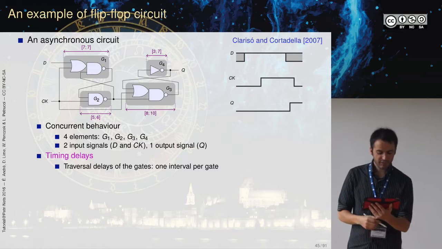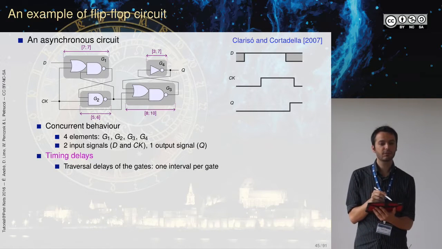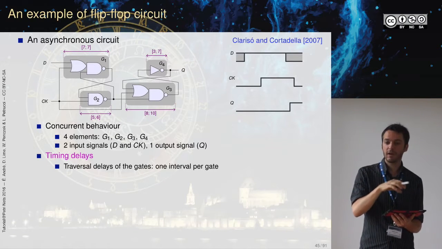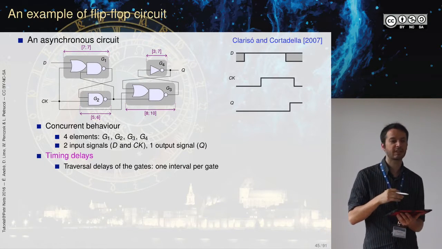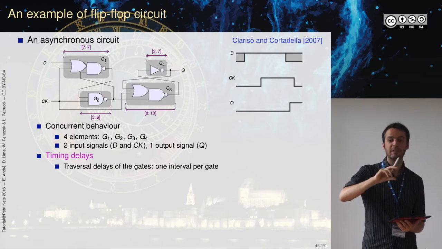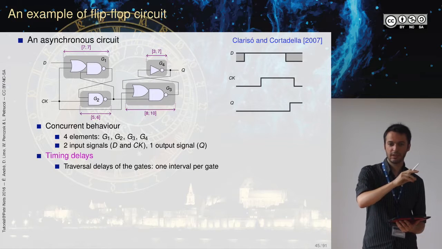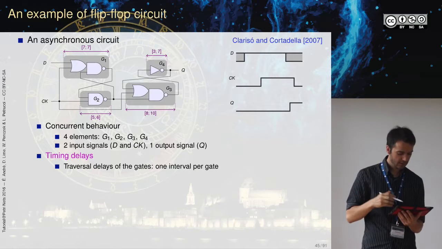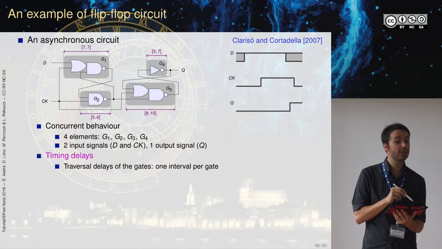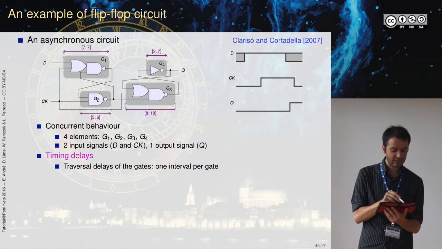As I told you briefly before, components in hardware, if you look at the extremely fast scale, more or less at the scale of nanoseconds, do not change immediately when an input changes, but they change after some delay. So for instance, for my gate G1, if I change the input signal, the change of the output will not occur immediately, but after 7 time units.